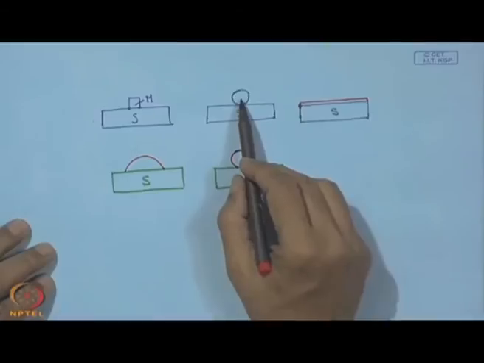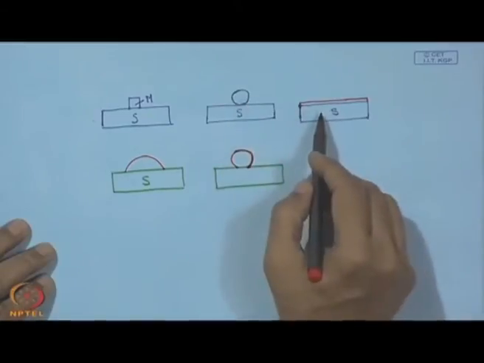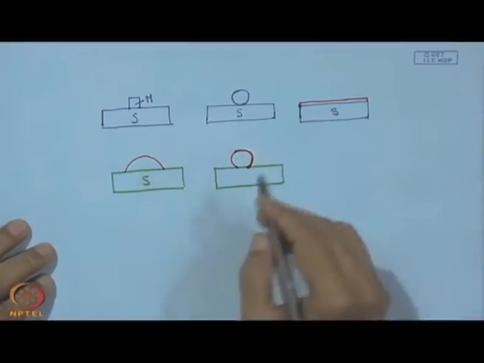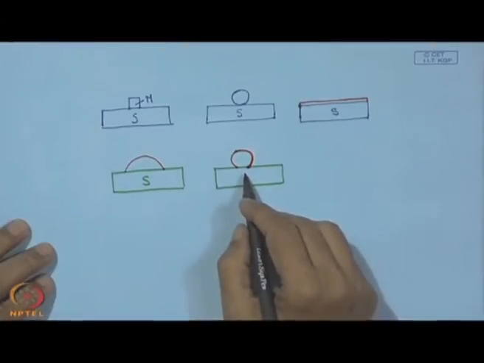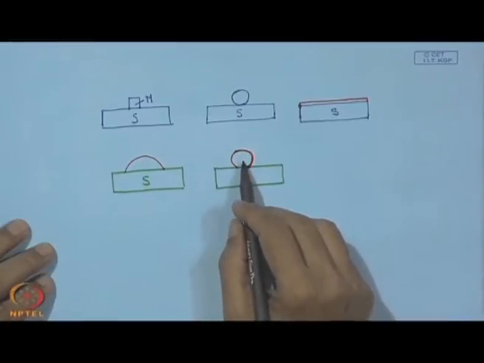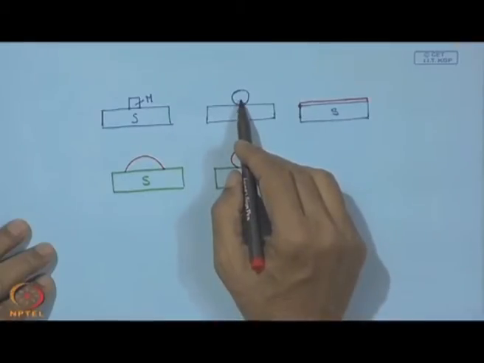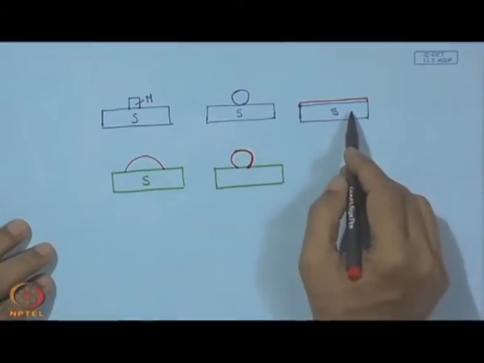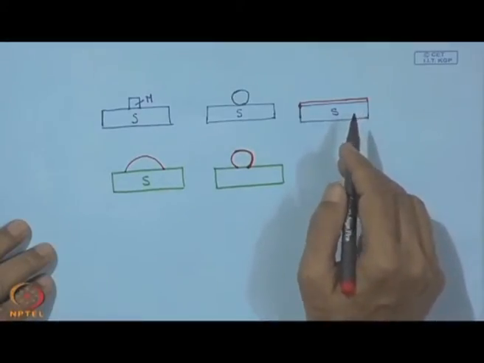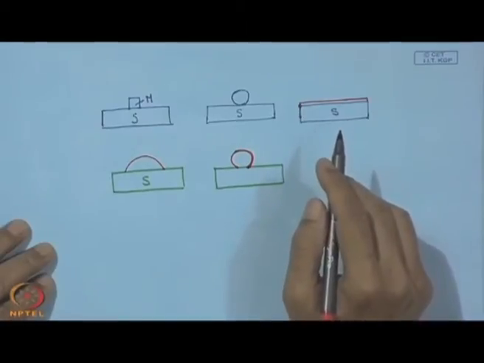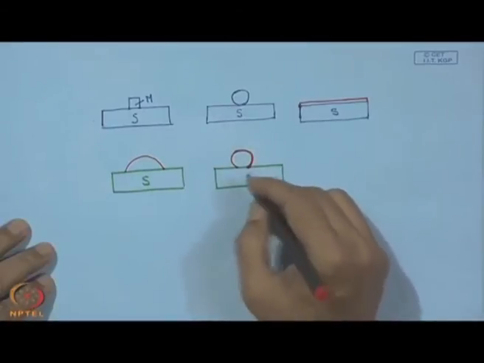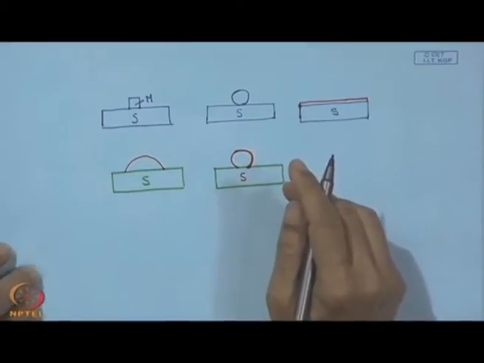So, this is absolute non-wetting, spontaneous spreading and wetting. This is a favorable situation for wetting, and this is an unfavorable situation for wetting, more towards this extreme situation, and this one is very favorable, approaching towards this end. So, this way we can understand the wetting or spreading of a liquid over a solid surface.